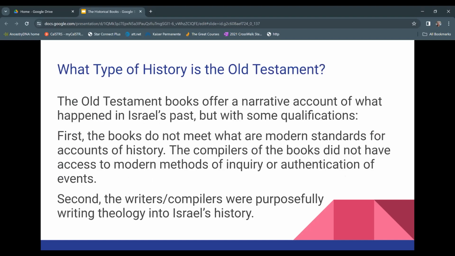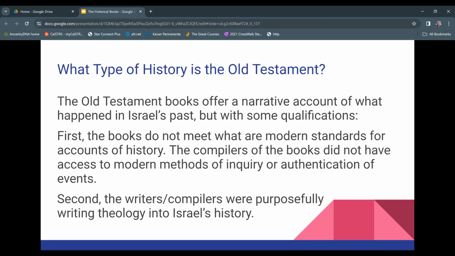But what type of history specifically is the Old Testament? The Old Testament book offers a narrative account of what happened in Israel's past, but with some qualifications. So think about the fact that there are people, scribes, prophets, who are putting this history together to tell a story. So it's a narrative account.